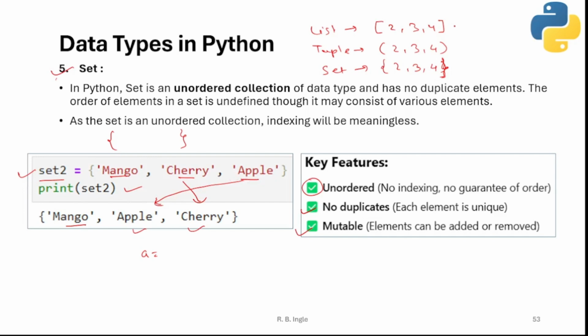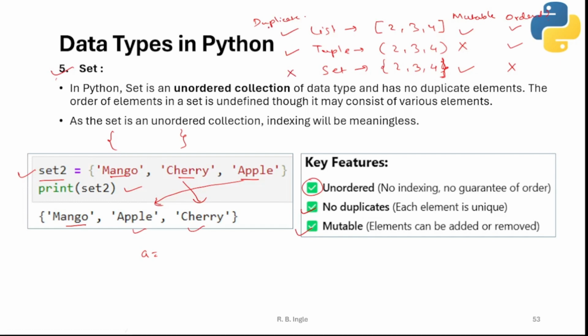So list was mutable, tuple was immutable, set is mutable. And when you talk about ordered, yes or no, then list is ordered, tuple is also ordered, but set is not ordered. Again, if you talk about duplicate elements, list supports duplicate elements, tuple also supports duplicate elements, but set does not support duplicate elements.